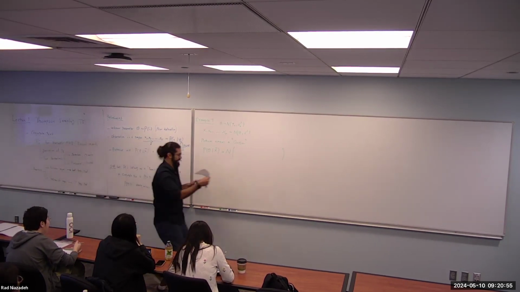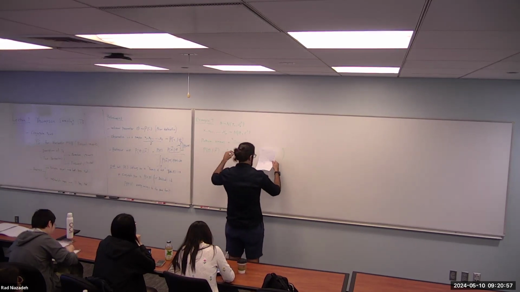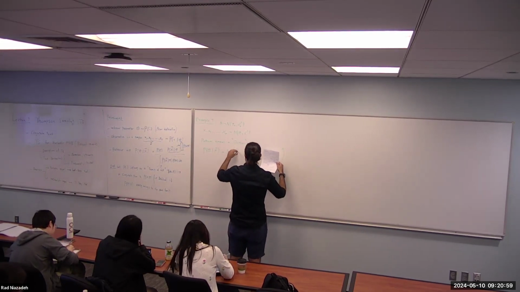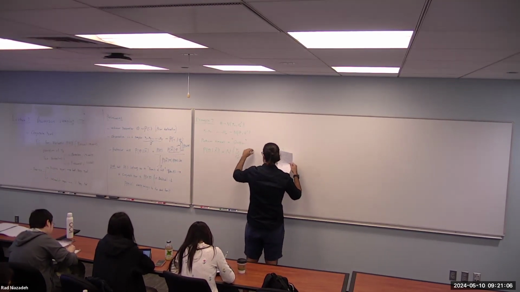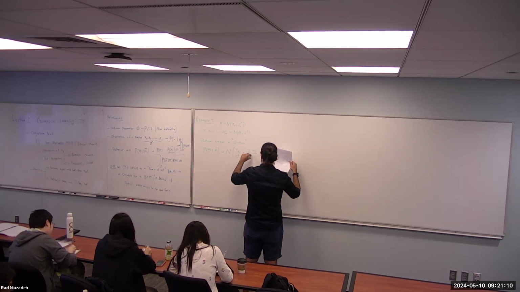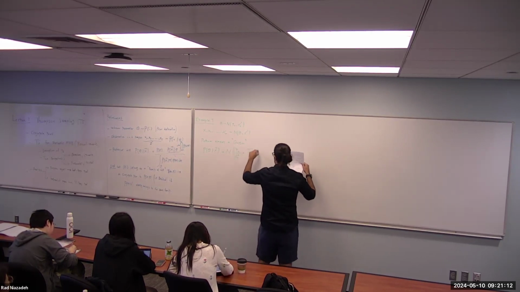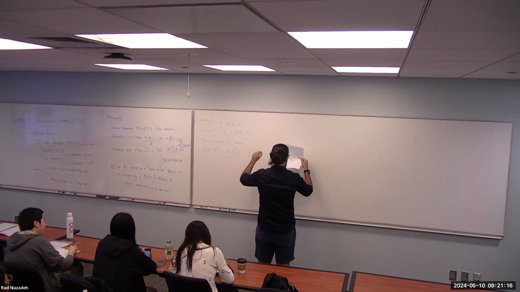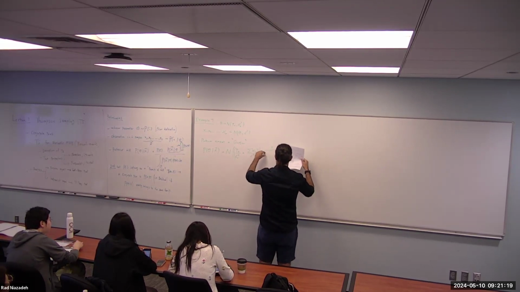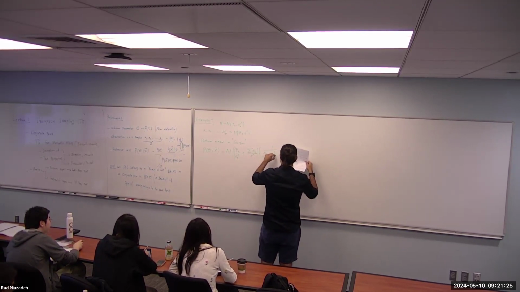It's going to be normal with mean mu 0 divided by sigma 0 squared, which is the effect of the prior, and then this is the effect of the observation, the summation of xi, times 1 over n divided by sigma squared plus 1 over sigma 0 squared.